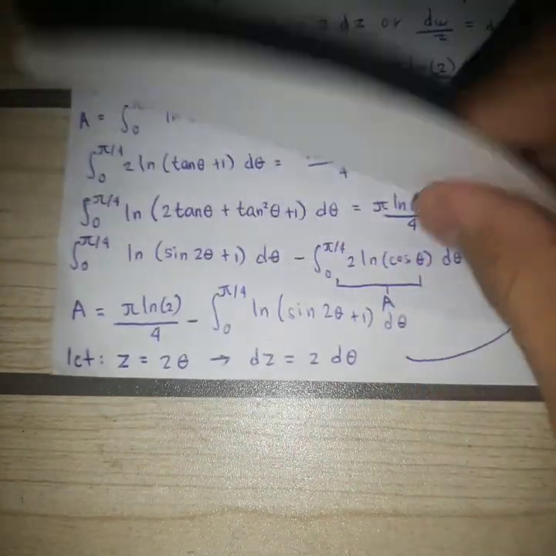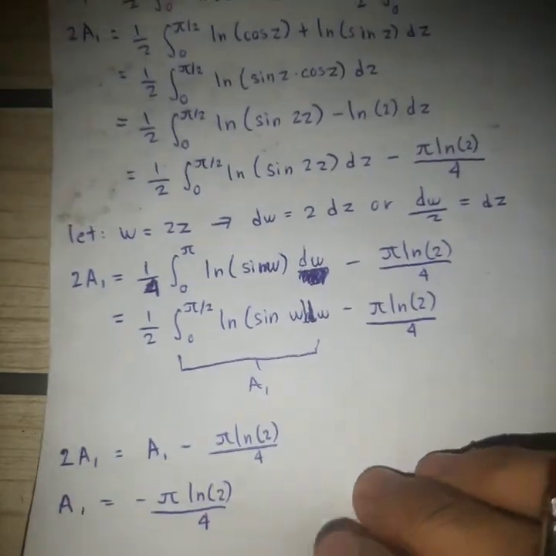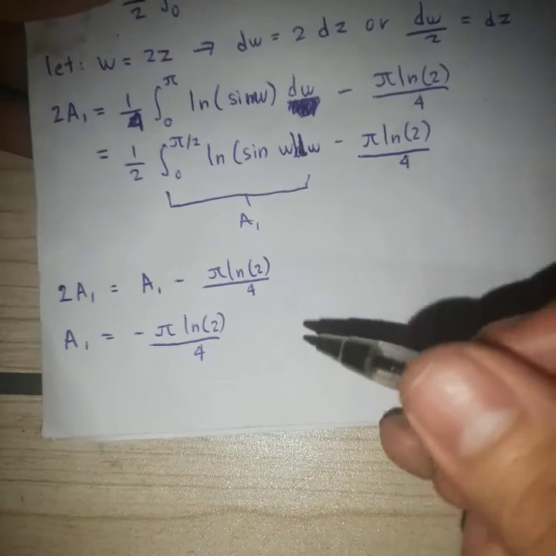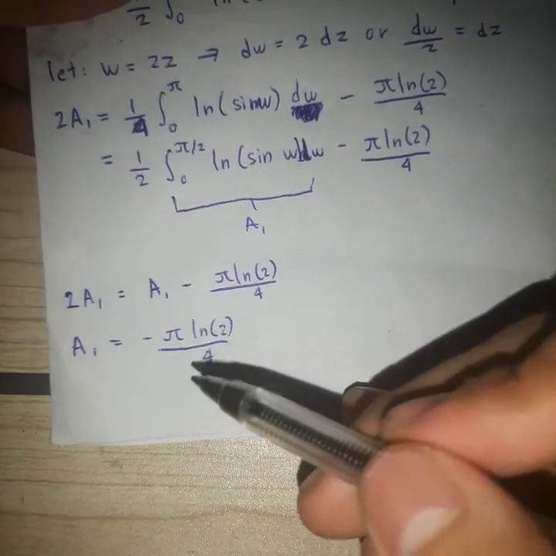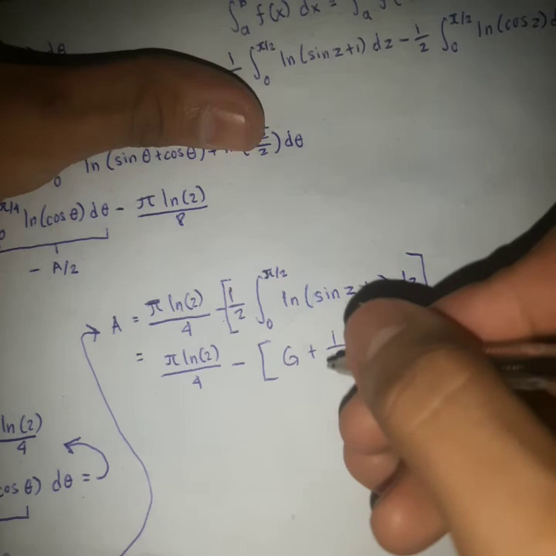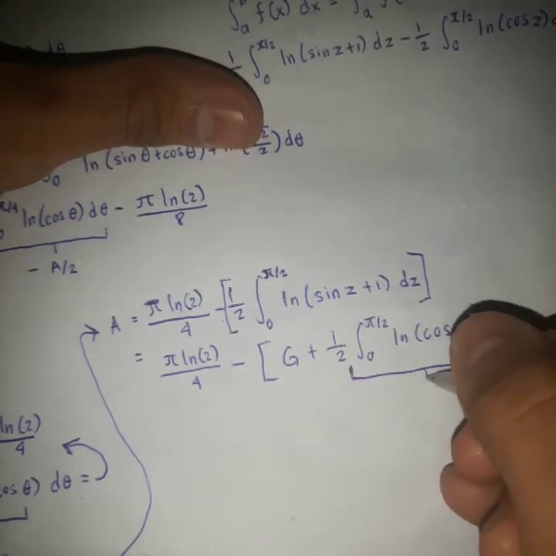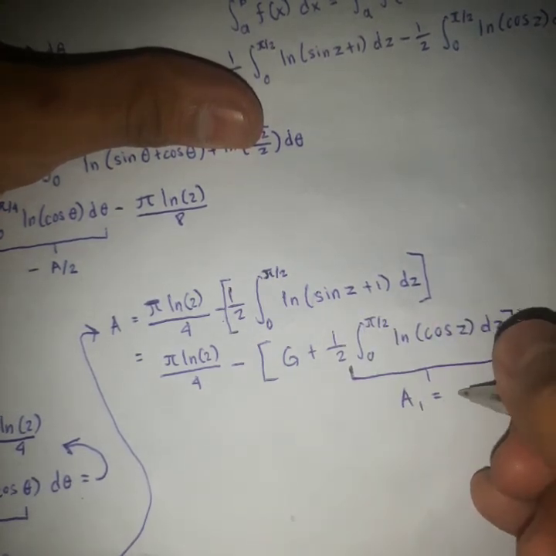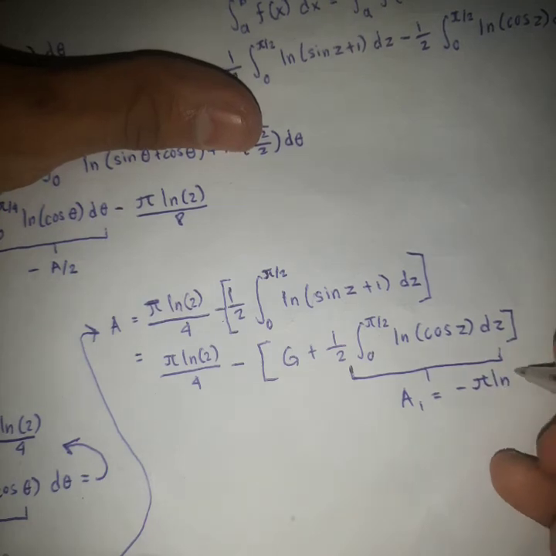So going back to our original integral, we will just substitute the value of a sub 1, which is equal to negative pi ln 2 over 4.